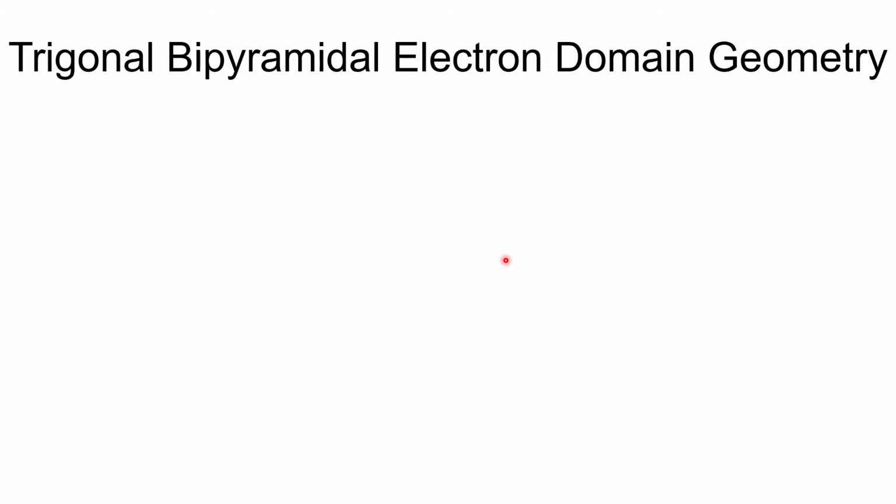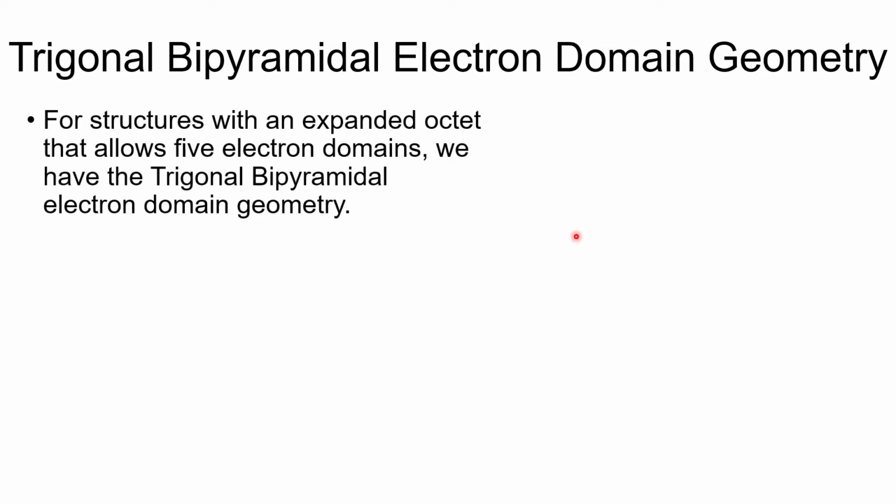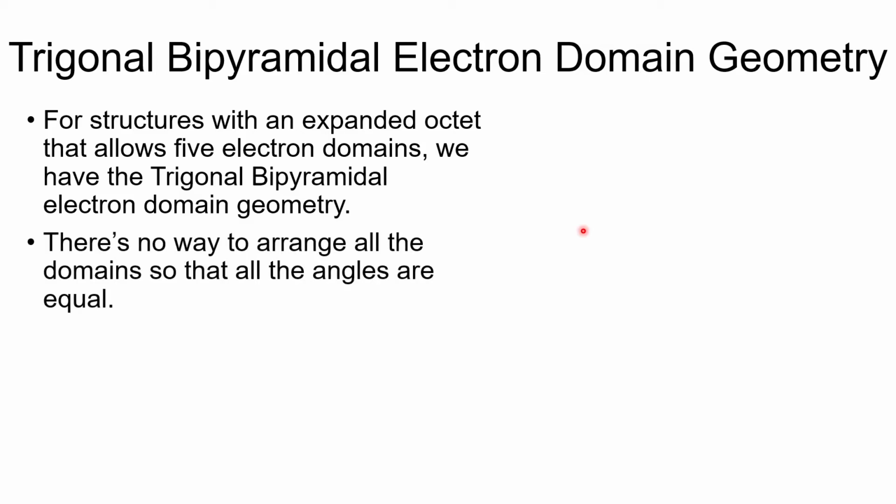So trigonal bipyramidal electron domain geometry. This is a case where we have an expanded octet. We have more than 8 electrons around the central atom. We'll find that there's really no way to arrange these so that all of the angles are equal.